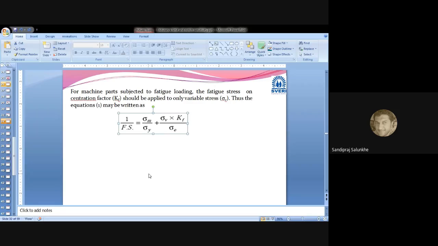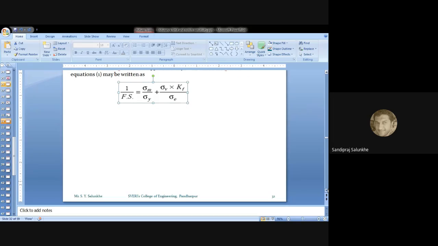So in that case, Kf, the stress concentration factor, has been considered, and we have rewritten that equation for the factor of safety as we have written for the Goodman's diagram. Now we can use this Soderberg's equation or Goodman's equation for solving problems related to fluctuating stress. Any question?